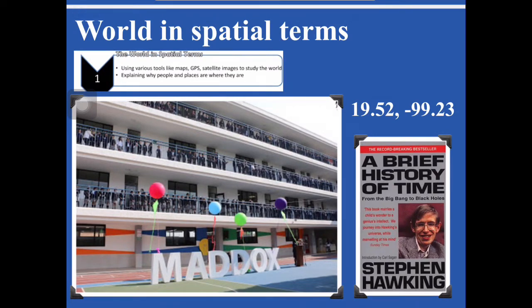But, well, this would be a very simple way to find the school. But let me ask you something. What if you would like to find your classroom? Would it be as easy to represent the absolute location of your classroom using this system?